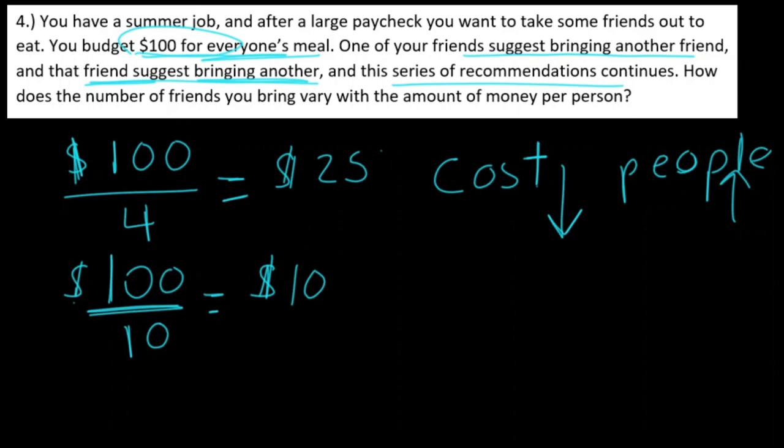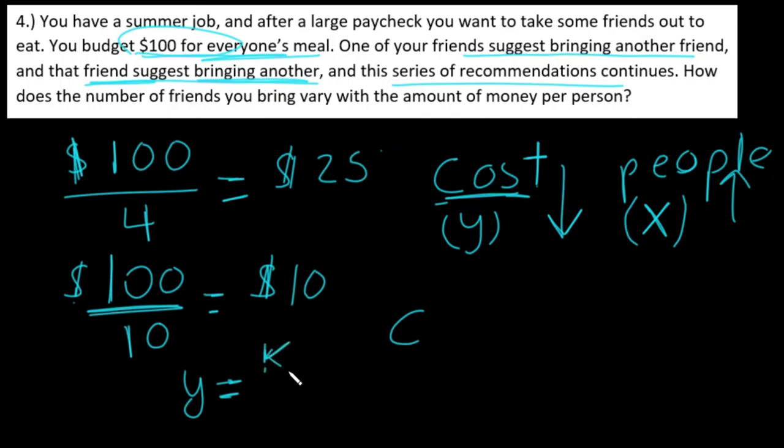And so, how are we going to write this? Well, we see that cost is essentially the output, so that's going to be our y. And we see that people is the input, that's going to be our x. And so we can write it as such. Since it is inverse variation, that's going to be y equals k over x. And here we write it as simply as this.